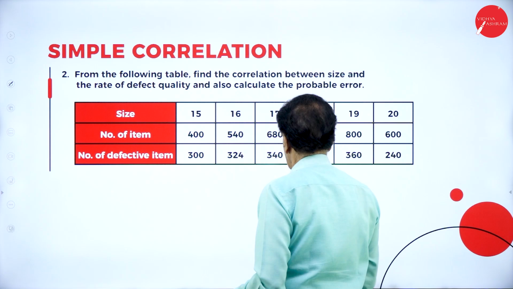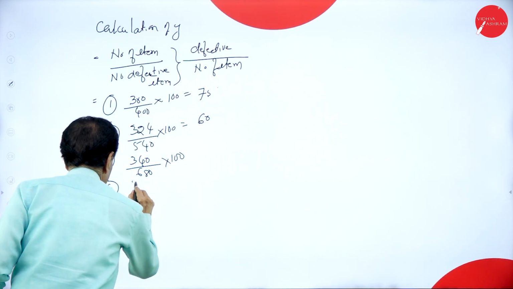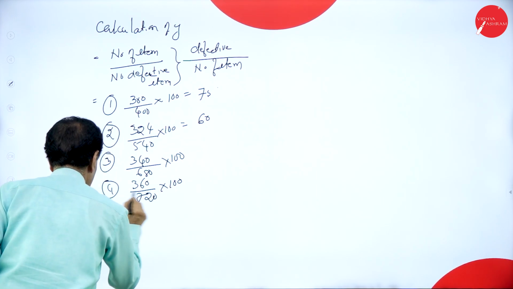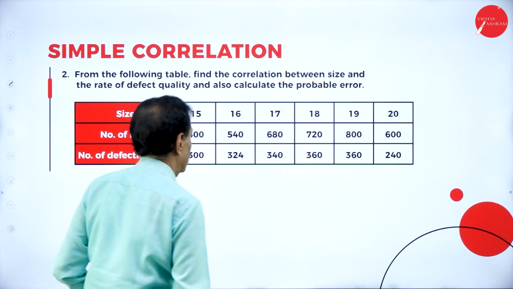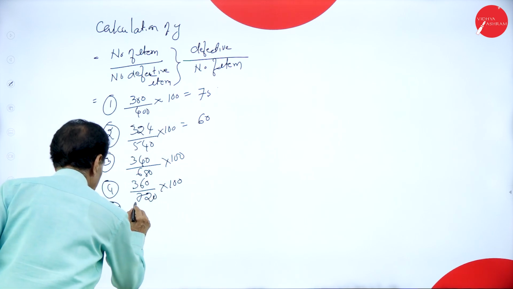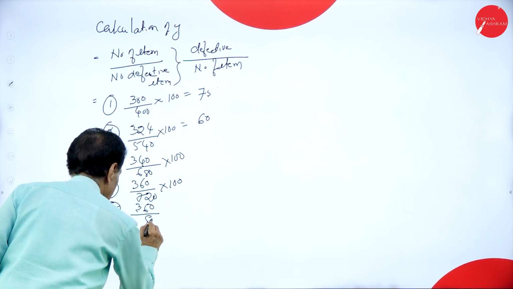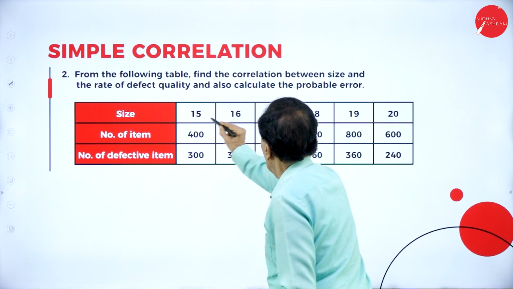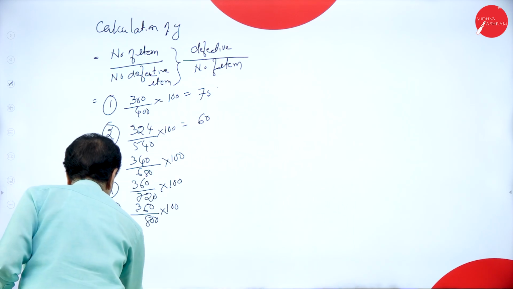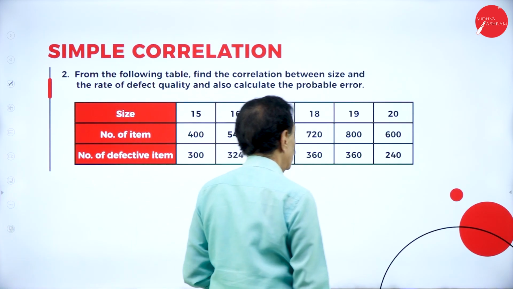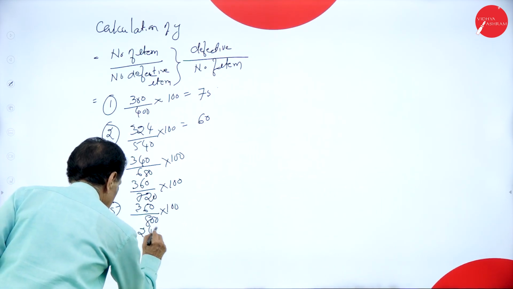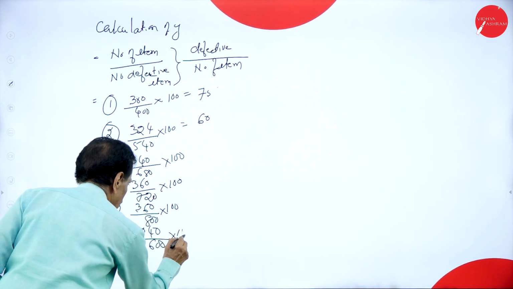Number 4: 360 divided by 720 into 100. Number 5: 360 divided by 800 into 100. Then the sixth one, the last one, 240 divided by 600 into 100.